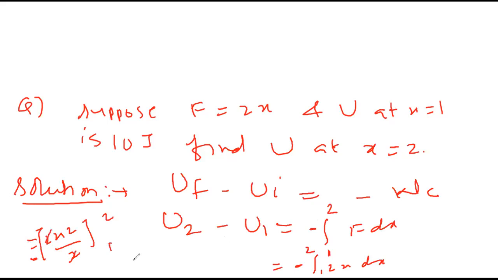Okay, please copy it. Done, sir. So it is minus of (2 square minus 1 square), which will be minus of (4 minus 1), that is minus of 3.